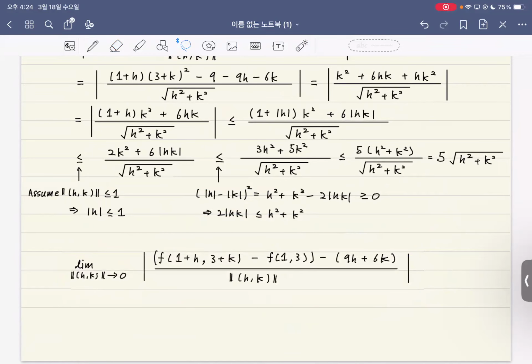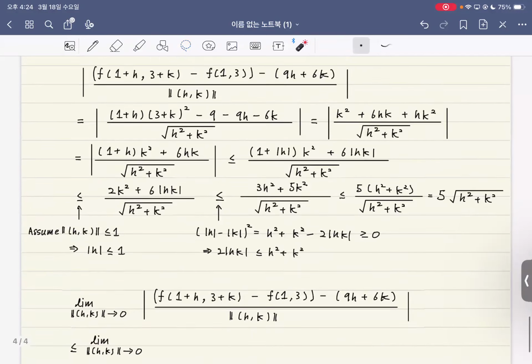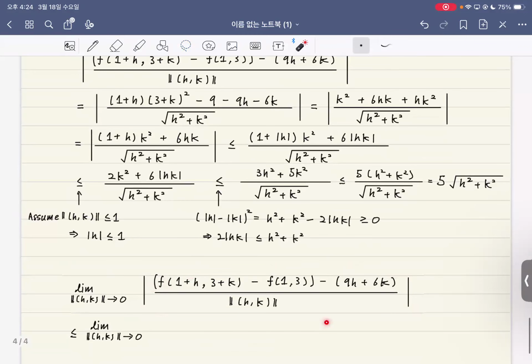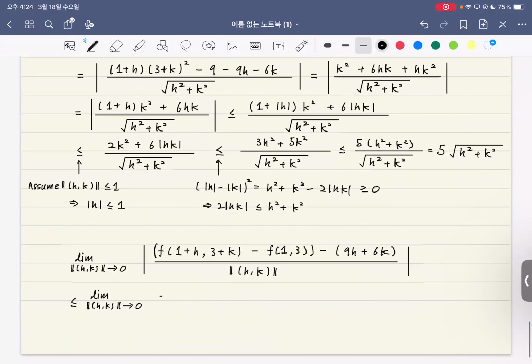The limit of this guy is less than or equal to this one, which just carries over. But we proved that this expression is less than or equal to 5 times the square root of h squared plus k squared.